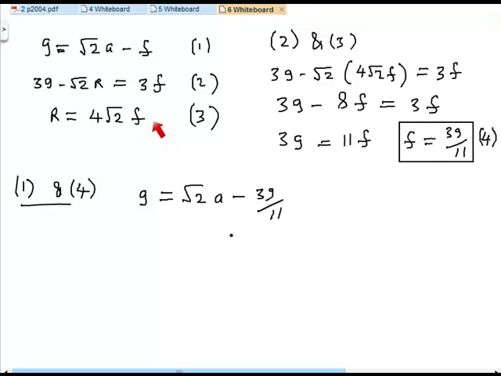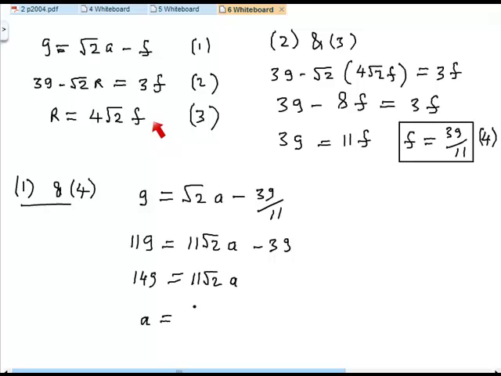And we can maybe multiply across by 11. 11g is equal to 11 root 2a minus 3g, and that gives 8g, sorry, it's 14g. 11 plus 3g is 14g, is equal to 11 root 2a.